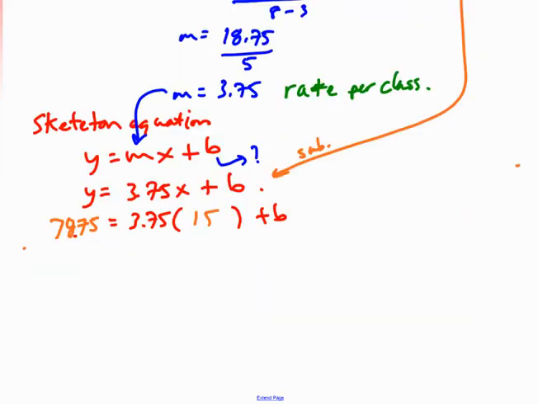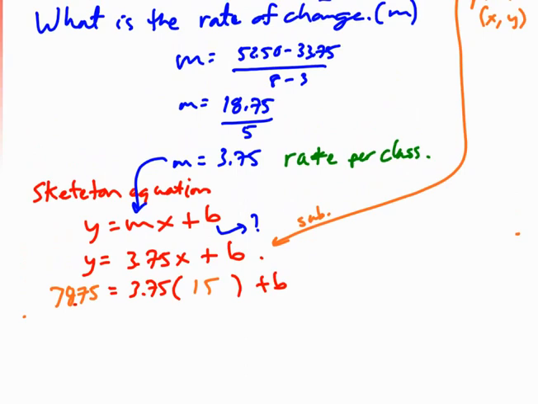So 78.75 equals, well, what's that going to be? So 3.75 times 15 equals 56.25 plus b.